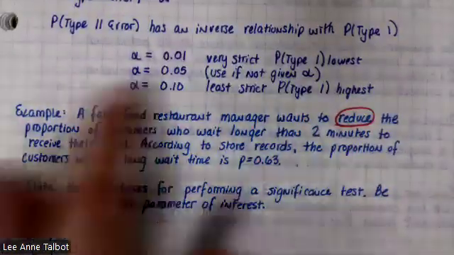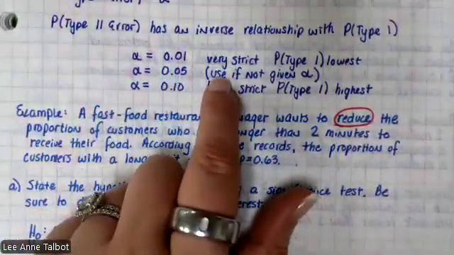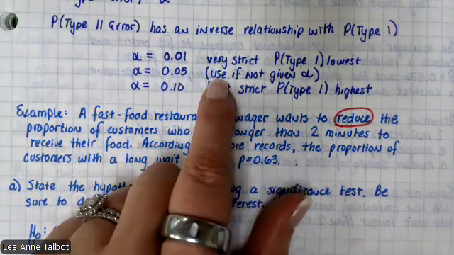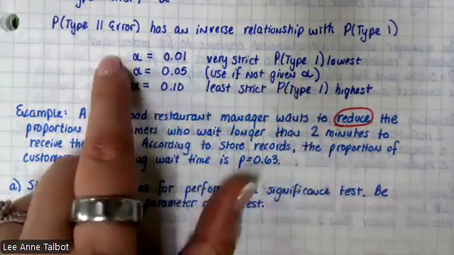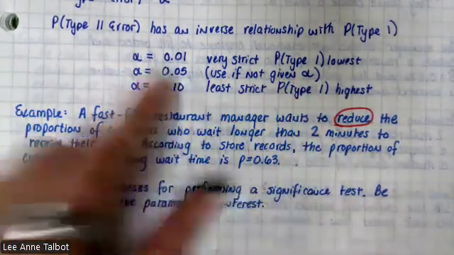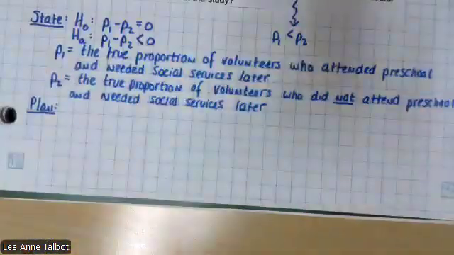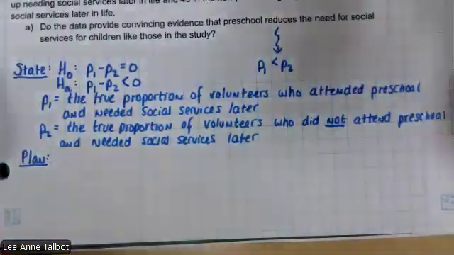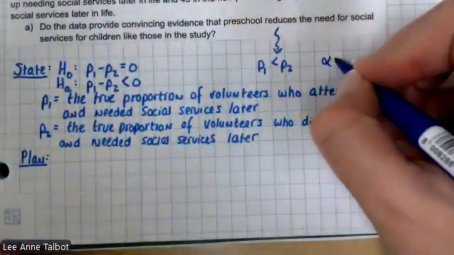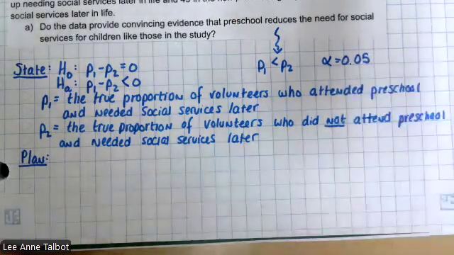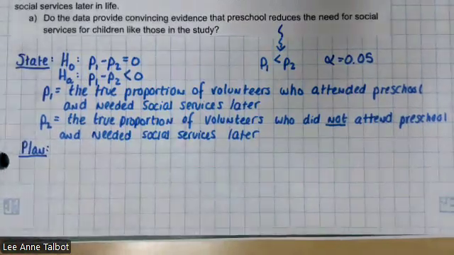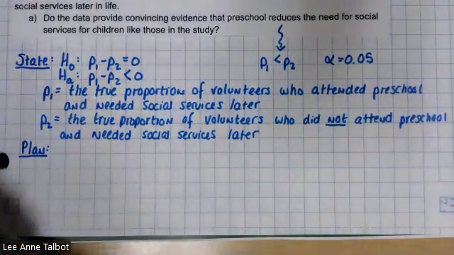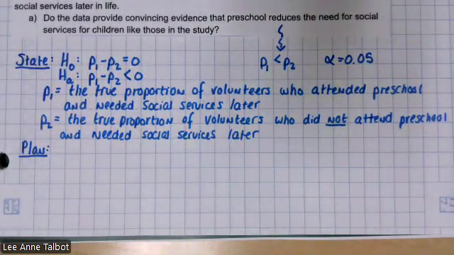Let me show you some notes. This one, use this one if you're not given alpha. Always use 0.05. It's a nice middle of the road. Okay.